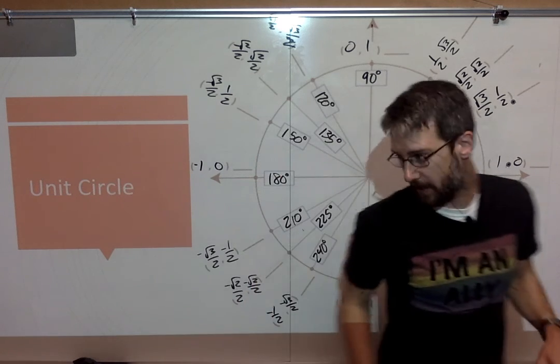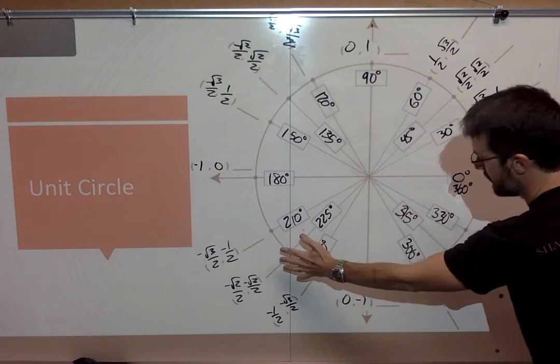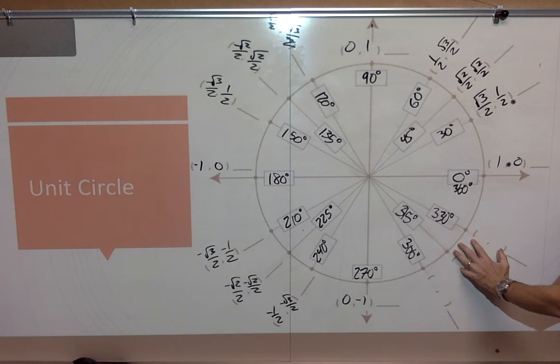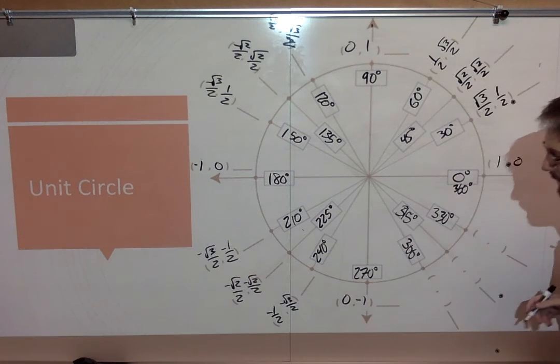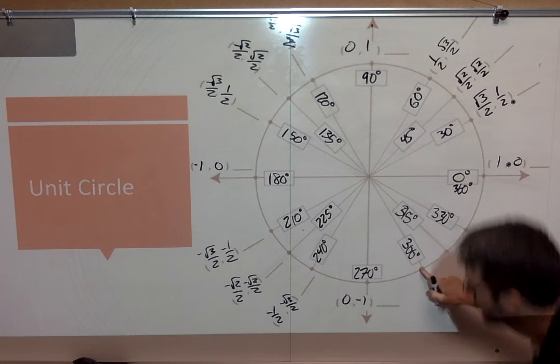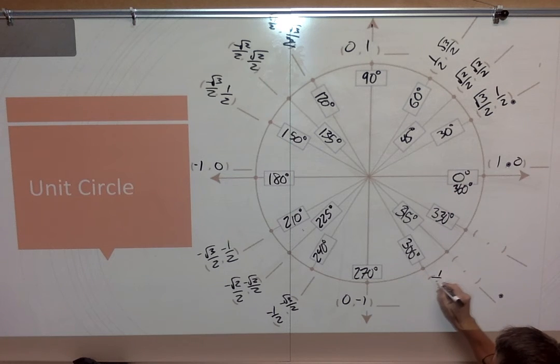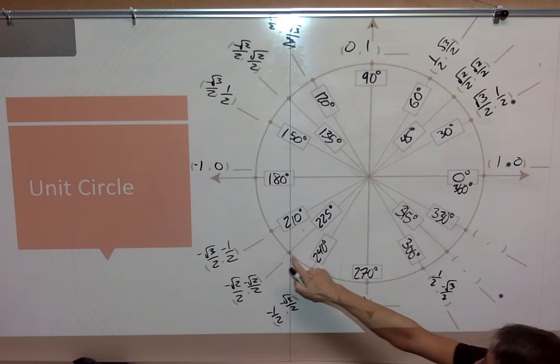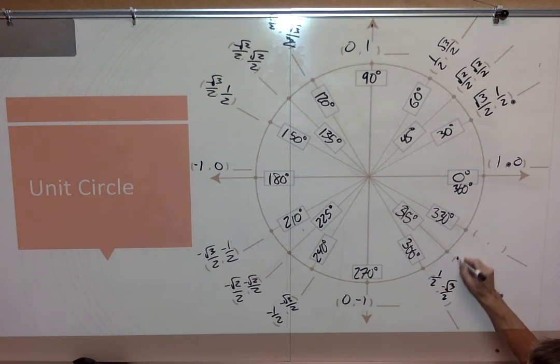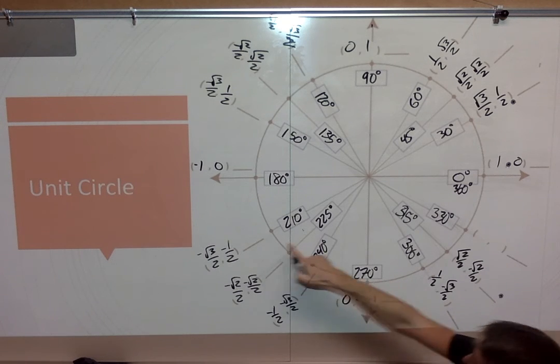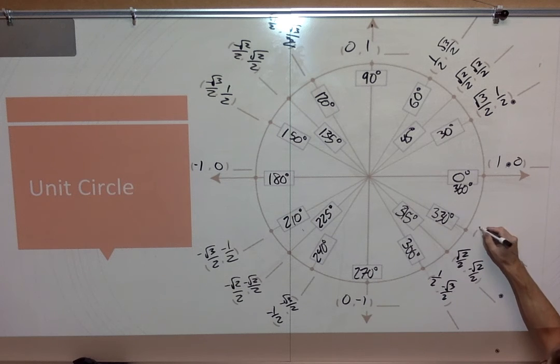And now we can take these and move them over to the side here. That's going to change the x-coordinates to positive. So this one goes to here, and it's positive 1/2, negative root 3 over 2. This one moves over, and it's positive root 2 over 2, negative root 2 over 2. And then this one moves over, and it's positive root 3 over 2 and negative 1/2.